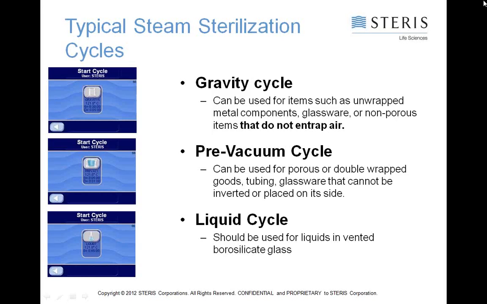The class 5 and 6 integrators measure all critical parameters in steam sterilization: time, temperature, and presence of saturated steam. In addition, the class 5 integrator is designed to meet or exceed BI performance requirements. And then obviously at the top you have your BIs.